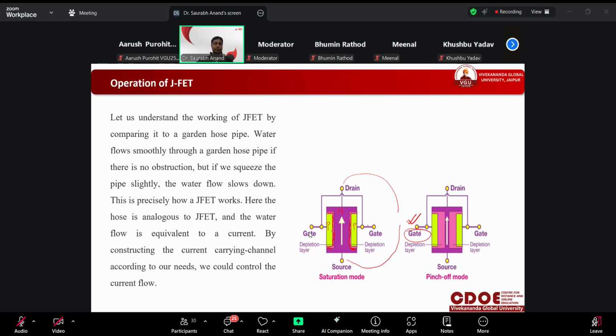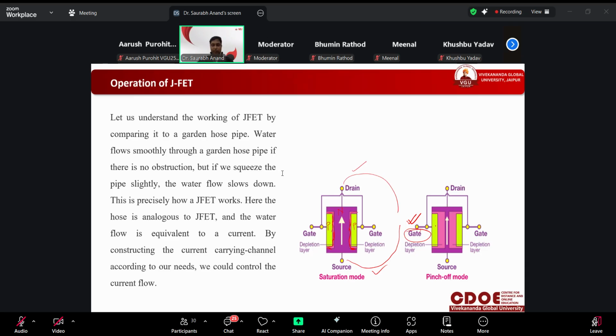First we will apply the voltage between drain and source, but the controlling is done through the gate. That will be known as gate voltage.